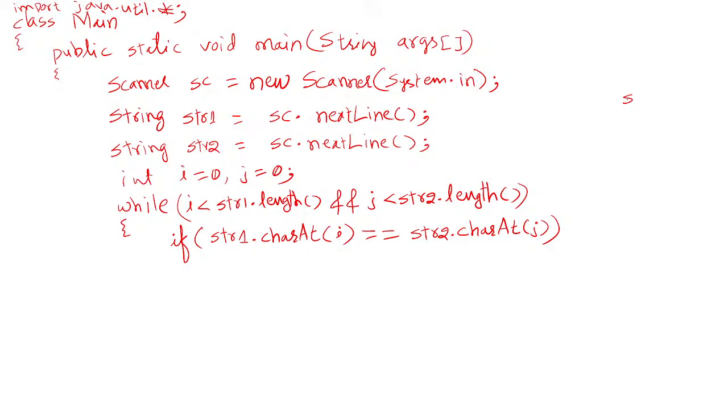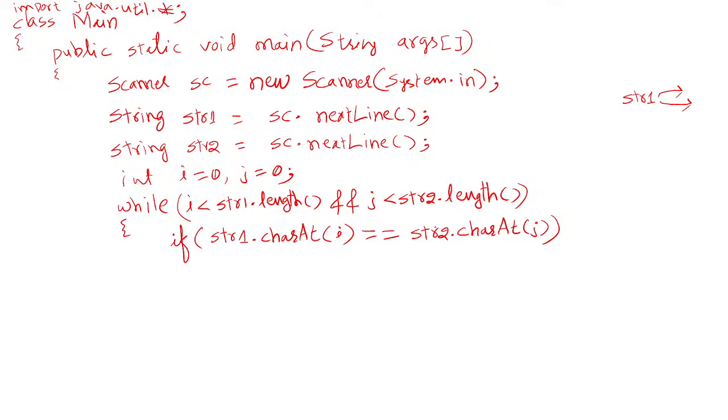Instead of writing string1 of i, because here string 1 and string 2 are implemented as objects, better you should use the methods present inside the object. With the help of methods, if you access, then the traversing becomes faster.